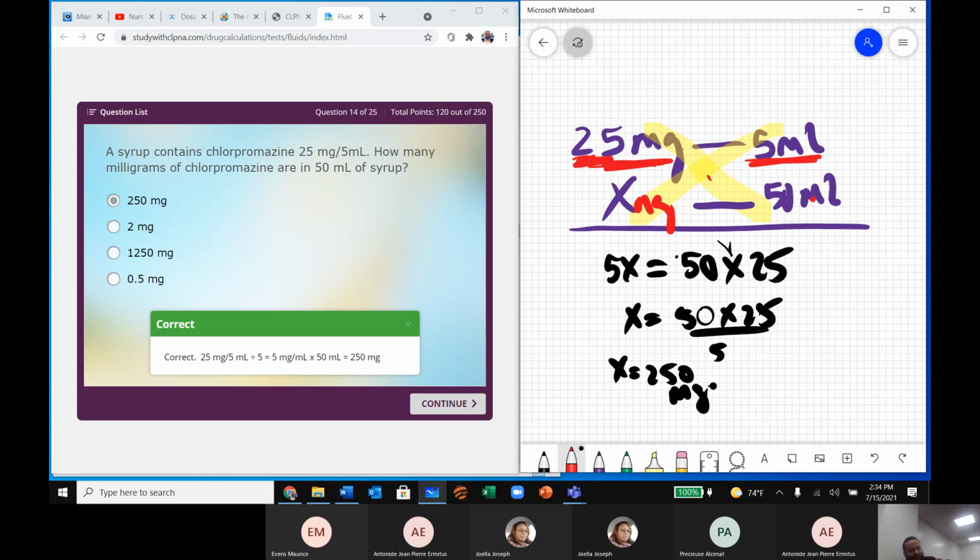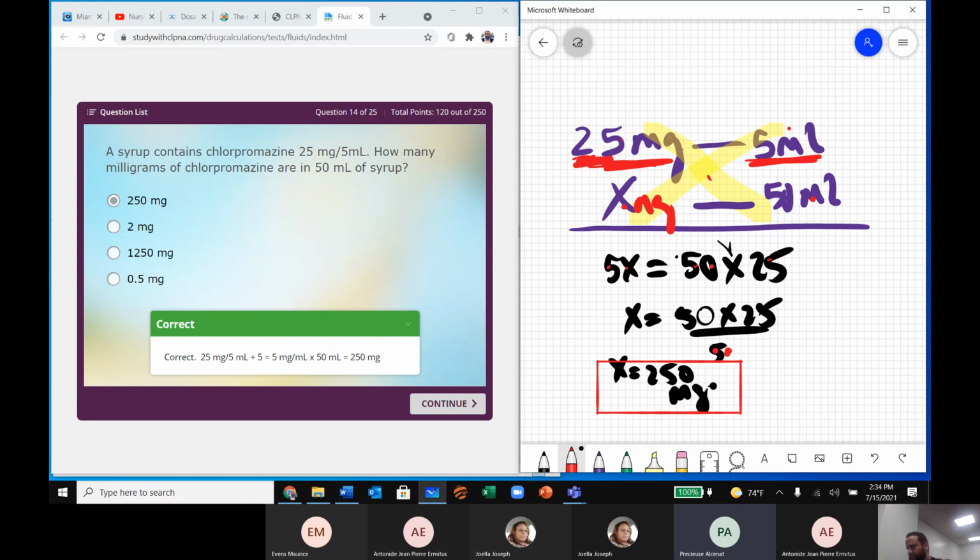When you state that in the problem, just cross multiply: x times 5, which is 5x, and 25 times 50, okay? Then the 5 that is multiplying, divide it, so we multiply 50 times 25 divided by 5, which is 250 milligrams. Thank you. You got it?